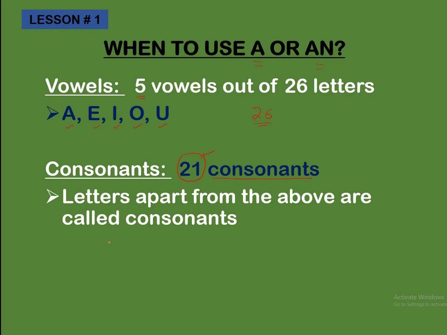It can be written as B, C, D, F, G, H, J, K, L, M, N, P, Q, R, S, T, V, X, Y and Z. Now these are the letters which are called consonants.